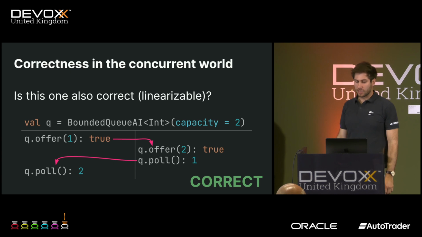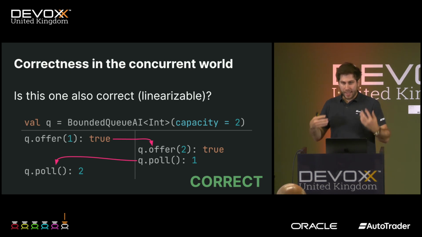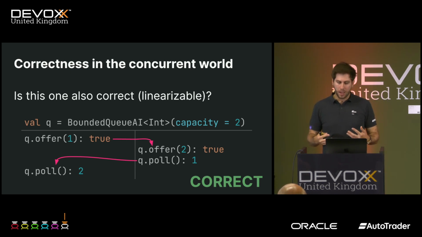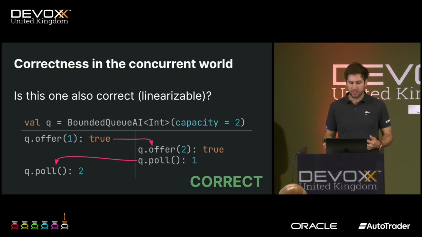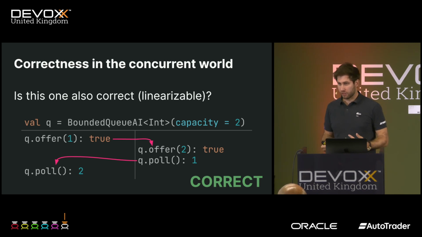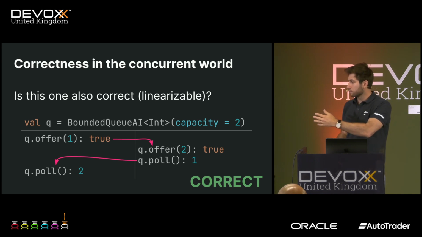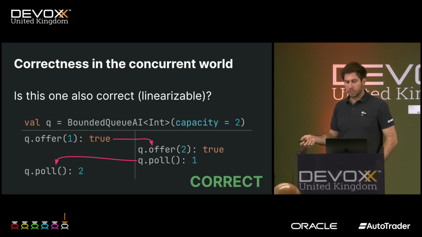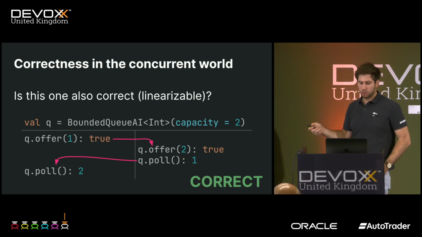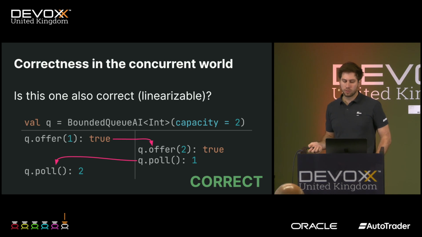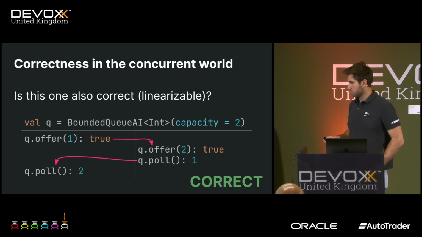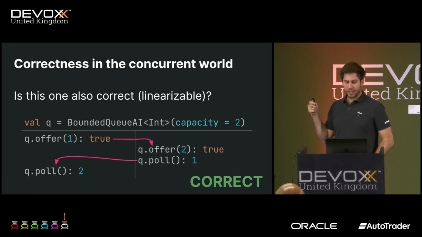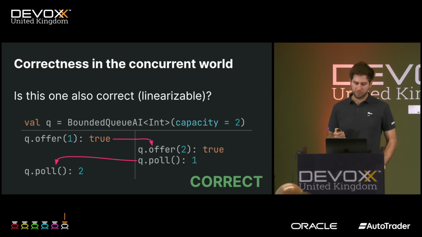So indeed, it's also correct because we again can find a sequential execution that explains these results. We can start with the first thread, inserting 1 into the queue, then we switch to the second thread, we insert 2, then we extract 1, we go back to the first thread, we extract 2. That's how we can explain these results.